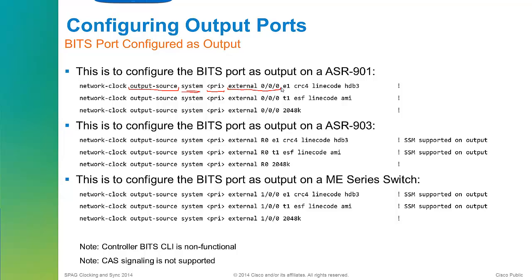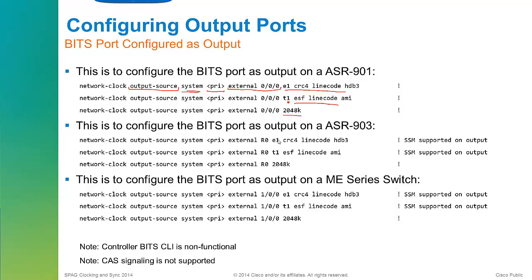where do you want to push the signal? On the 901, external 000 is the bits port on the 901. Again, depending on what the downstream system needs, you might define the CRC values and the framing and so forth. Same with T1. Again, be sure the SSM is set right, and also a 2 megahertz signal.